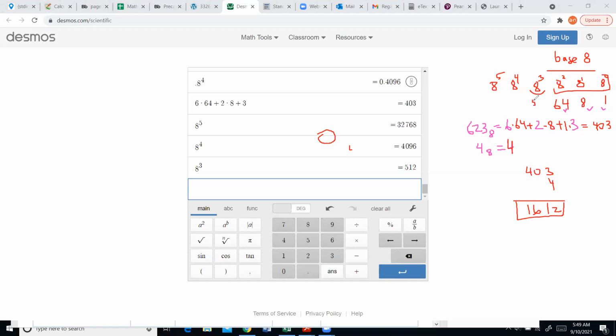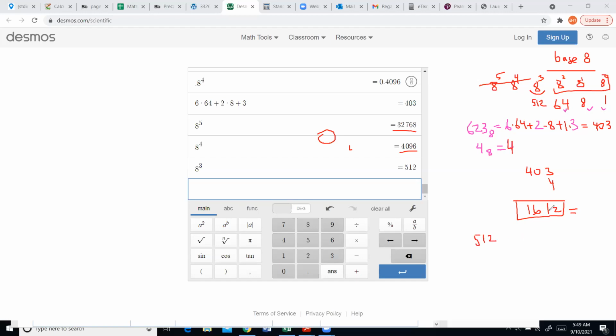That's 512. Because these are already way too big compared to 1612. You see, 4,000 and 32,000 are too big. Okay, that makes life easier. So I need to now break the 1612 with various powers of 8. Which ones? Well, first is 8 cubed, which is 512.